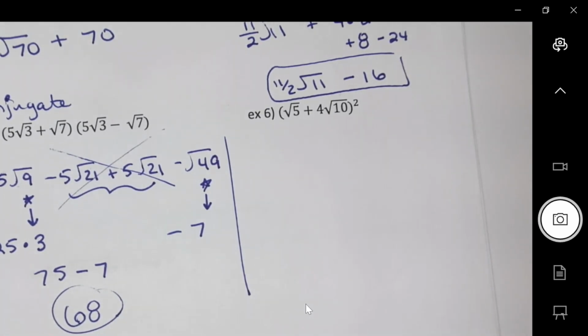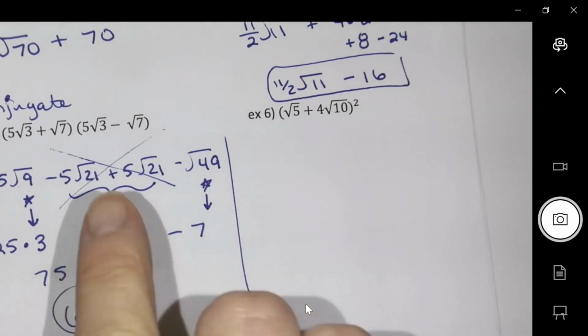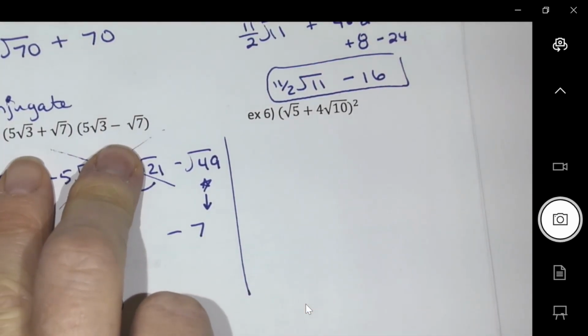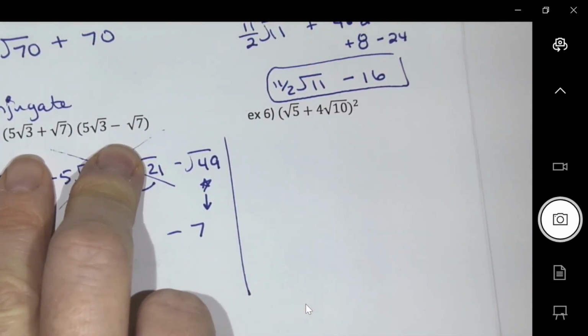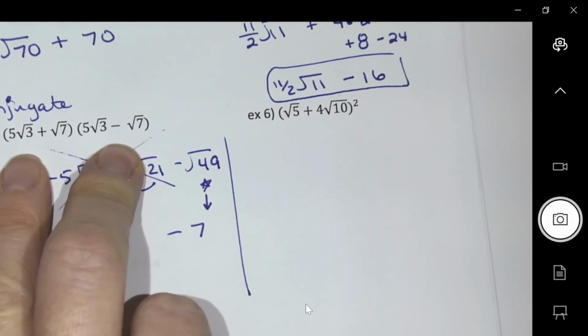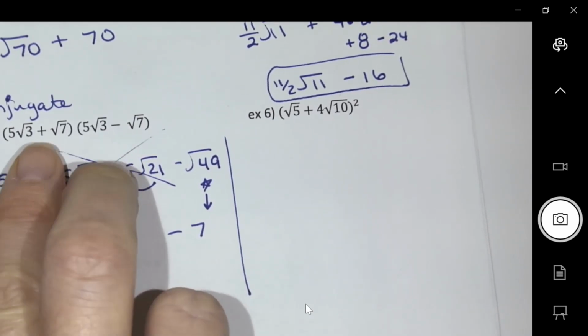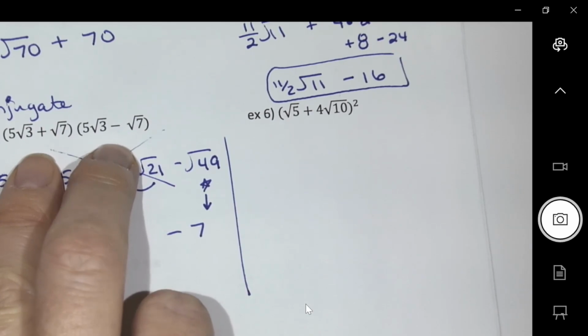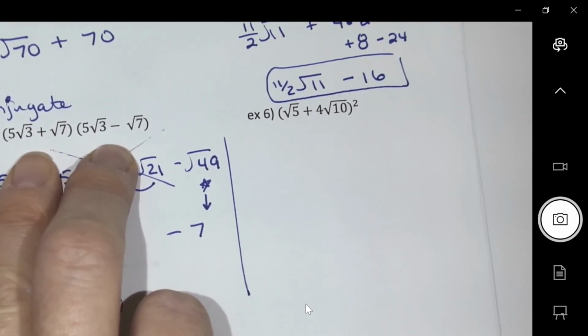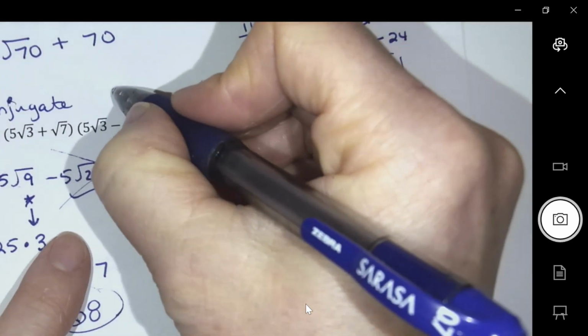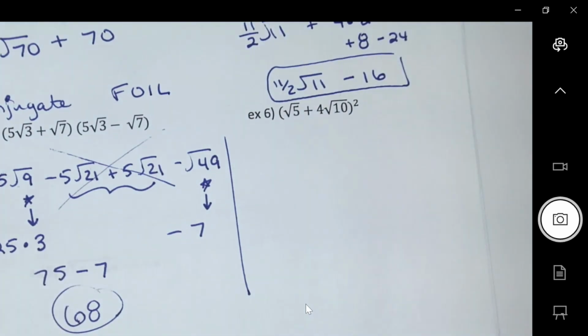So what does a conjugate mean? Do you see that they are the exact same numbers with a plus minus? It's the same idea as a difference of squares.